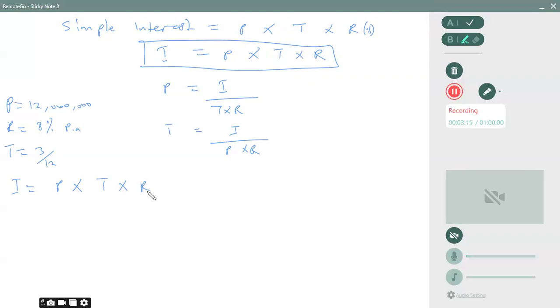You have the principal, in this case, 12 million times the time, which is 3 out of 12, then times the rate. In this case, it is 8%, which is 8 out of 100.